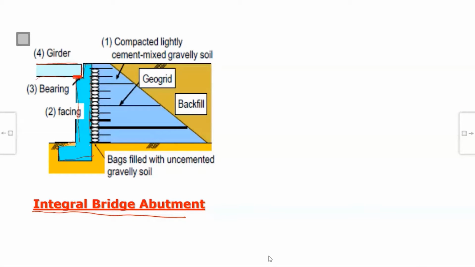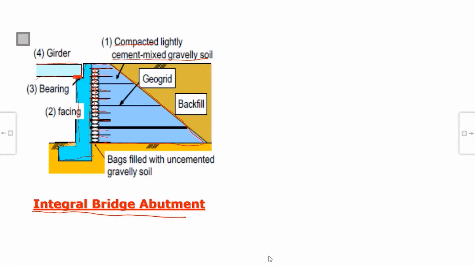This fascia is like this, and behind the fascia is the gravel-filled gabions and this reinforcement, and then in a triangular wedge, they fill compacted, lightly cement-mixed gravelly soil. Gravelly soil with some cement, 0.5%, 1%. In Japan, they use cement-mixed gravelly soil very commonly.